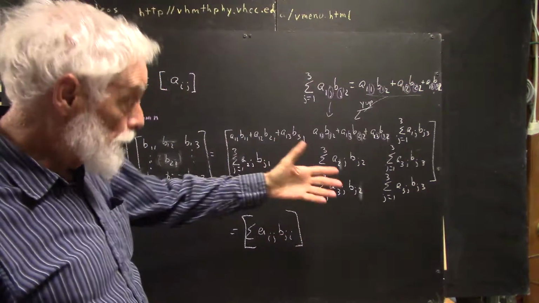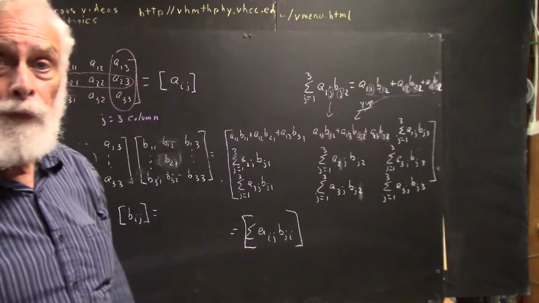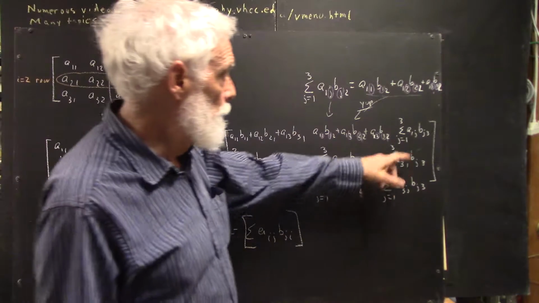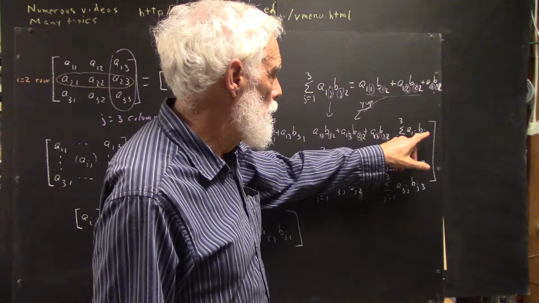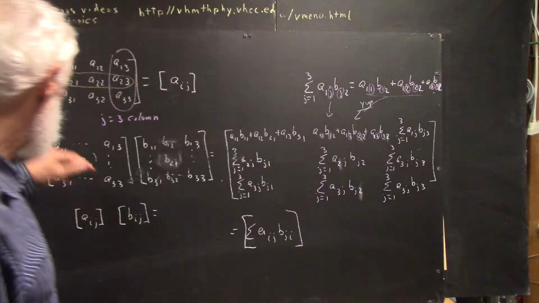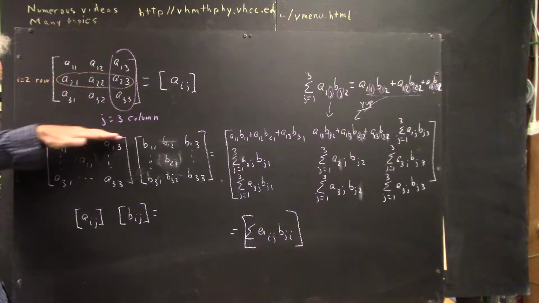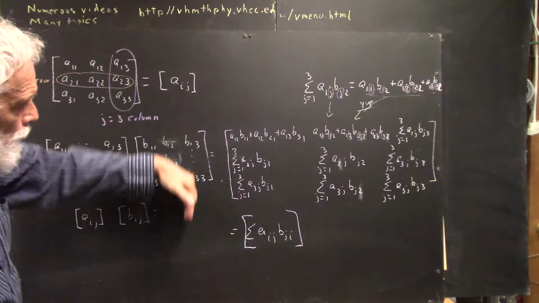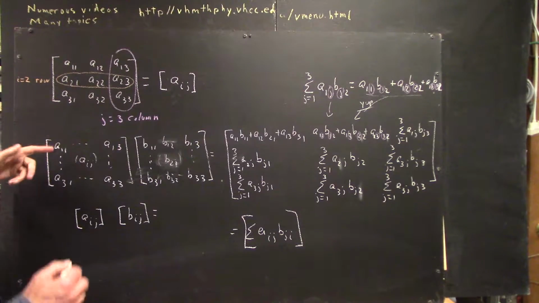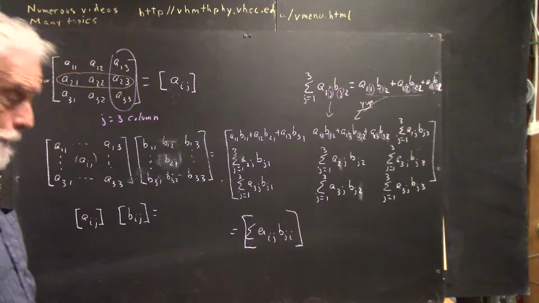And again, you can see, let j equal 1, then let j equal 2, then let j equal 3. What do you get? When j is 1, you get a11 times b13. That's the first number in the first row times the first number in the first column.